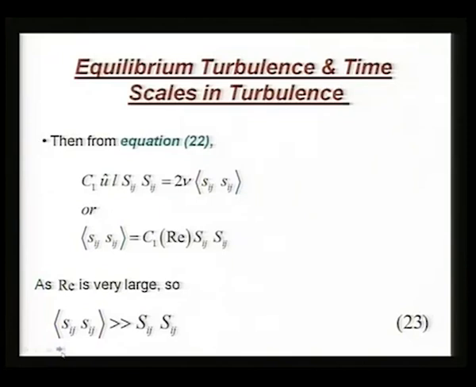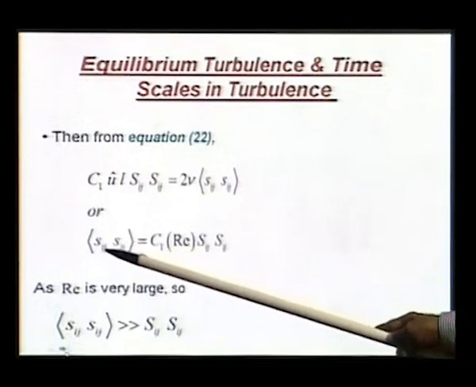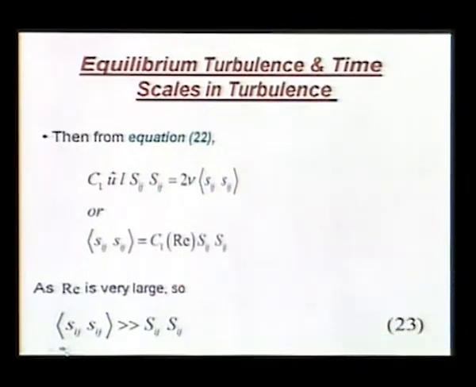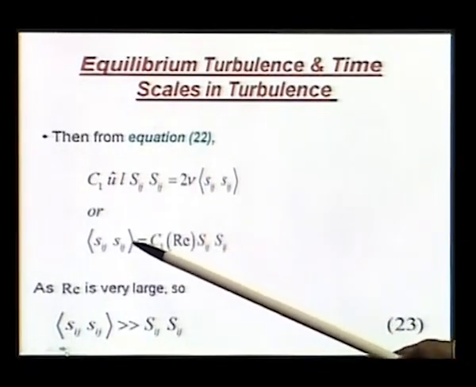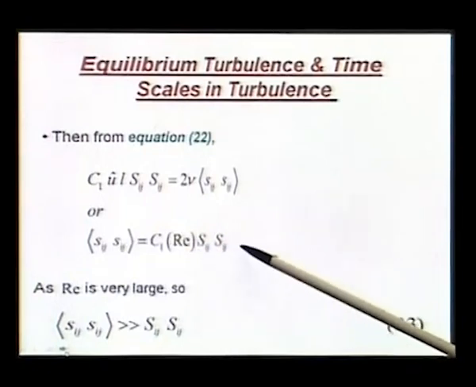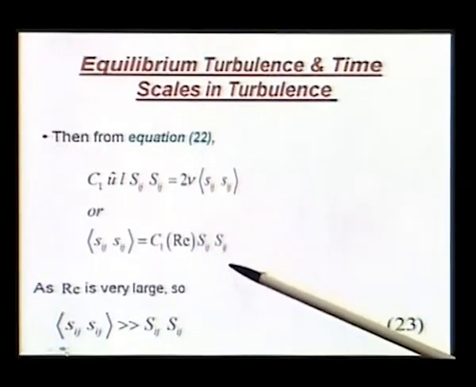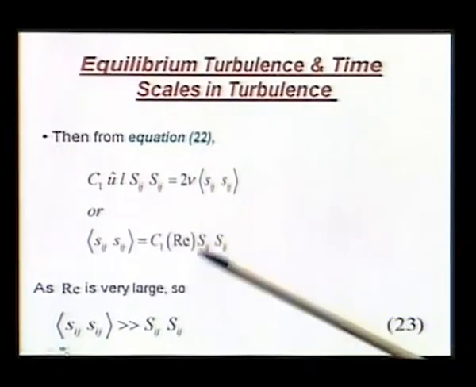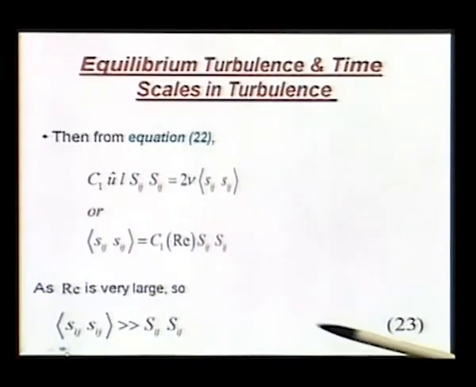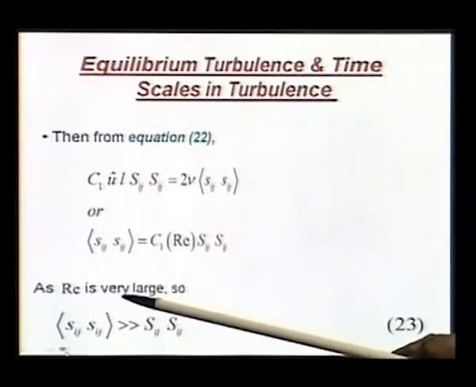So, what we do get is this, that S_ij times S_ij, time averaged over a sufficiently long interval, is equal to the product of the mean shear times the Reynolds number. And we have already noted that Reynolds number is very large for turbulent flows.